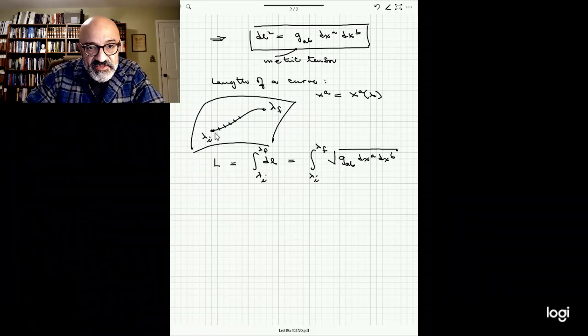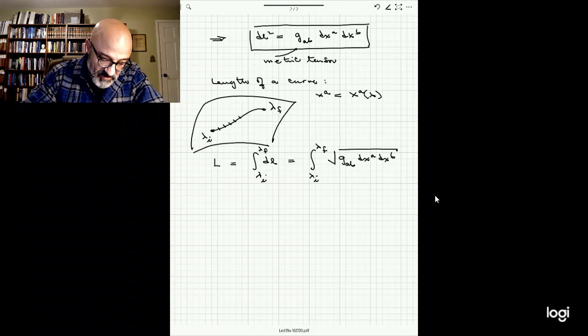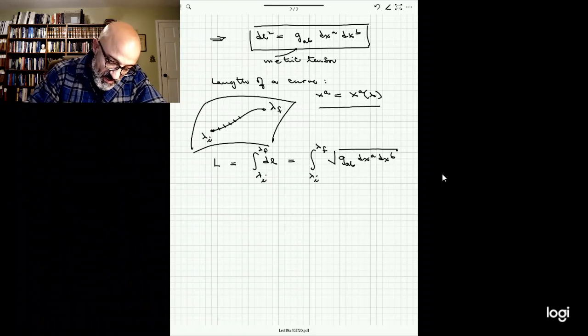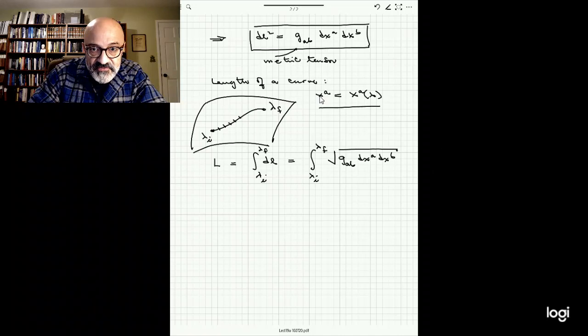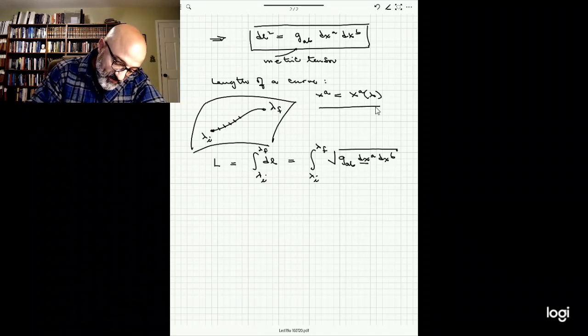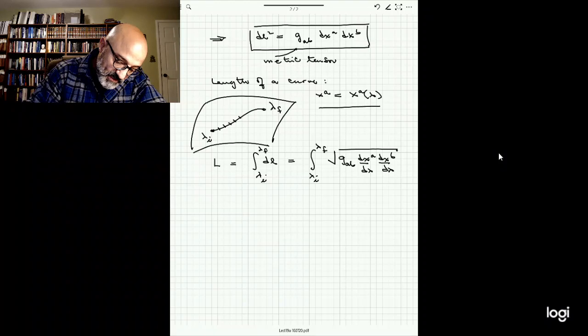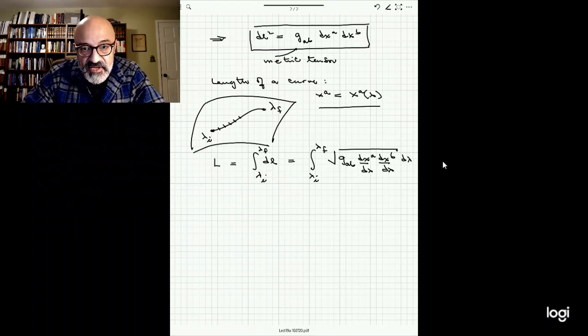We just add the dl's, and the efficient way to add these is, if we know what the equation for the curve is, we just differentiate this to find dx d lambda, divide by d lambda inside the square root, and multiply by d lambda outside. So if you know the metric tensor, you can now compute the length of any curve.